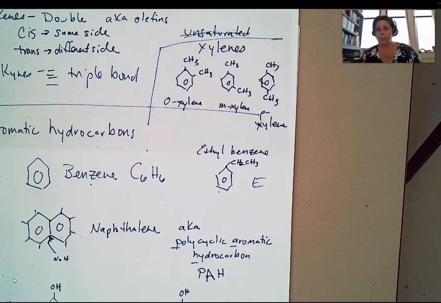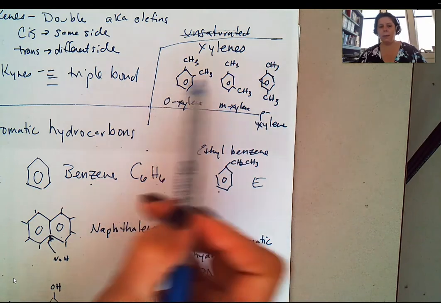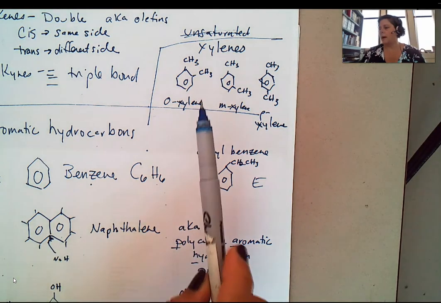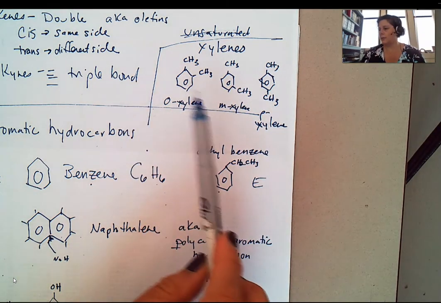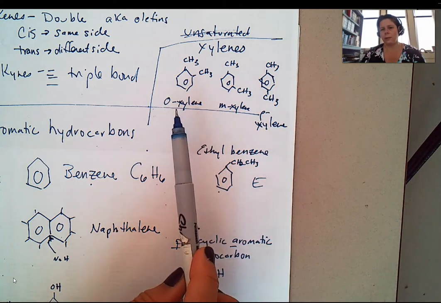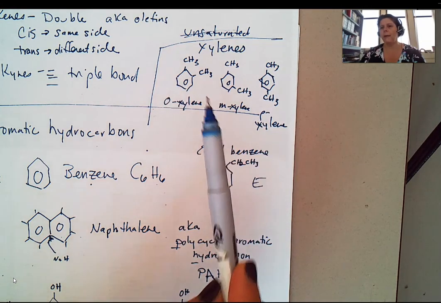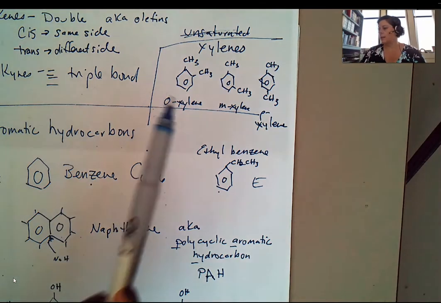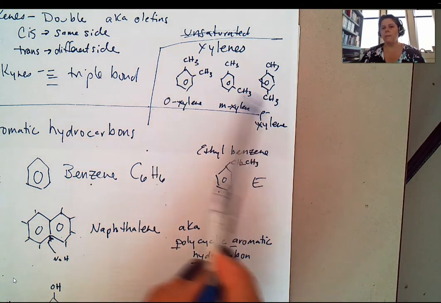But what usually happens in pollution and how these migrate in the environment are exactly the same. We'll talk about detection of these in the environment and how we find them. And these all come out, they're actually kind of hard to separate on a gas chromatograph. We'll talk about a GC for detection of xylenes later on. Because of this just slight difference, we lump them all together.